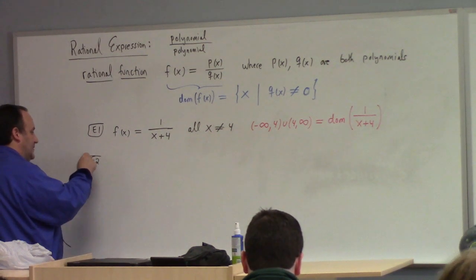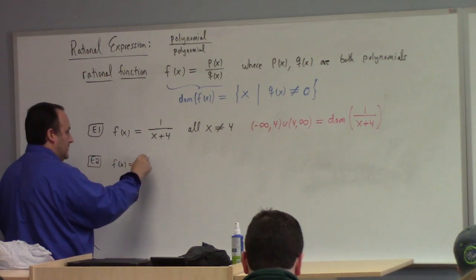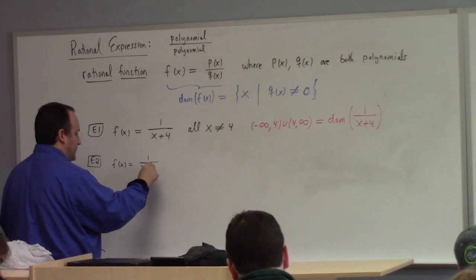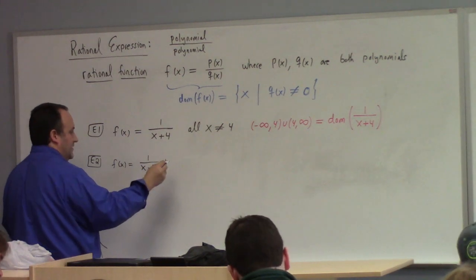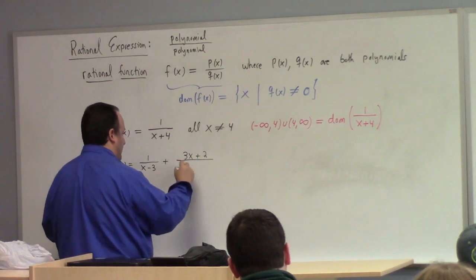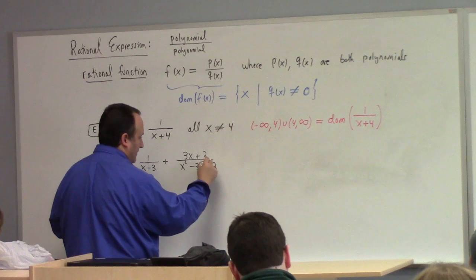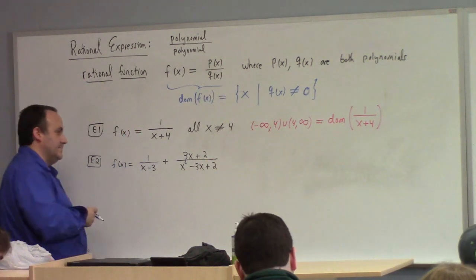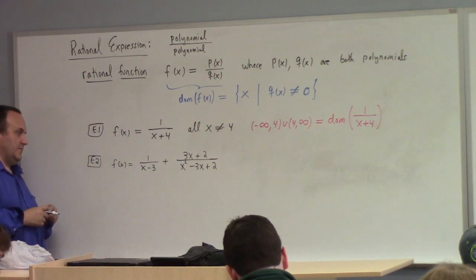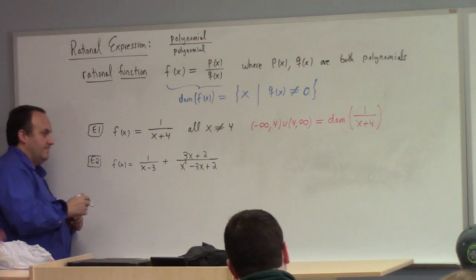Example 2. What if I had f of x equals 1 over x minus 3 plus 3x plus 2 divided by x squared minus 3x plus 2? What would the domain of this expression be?